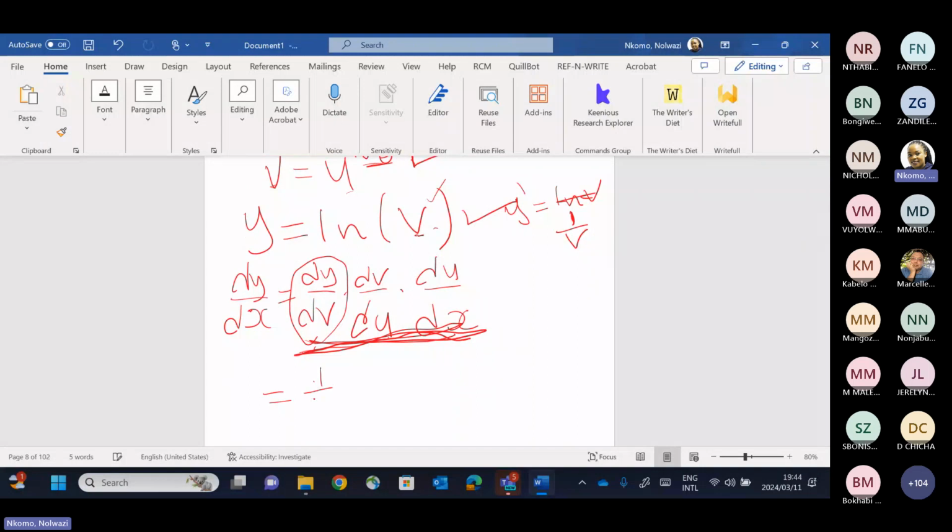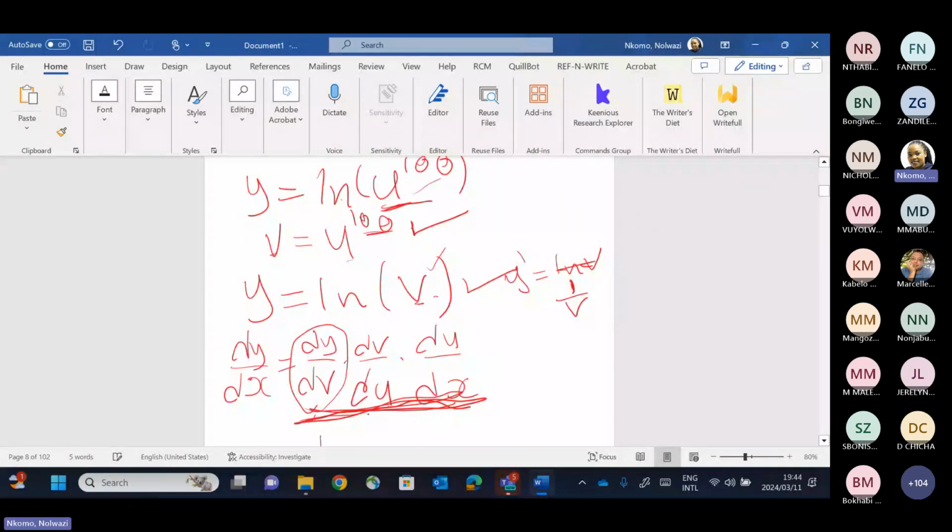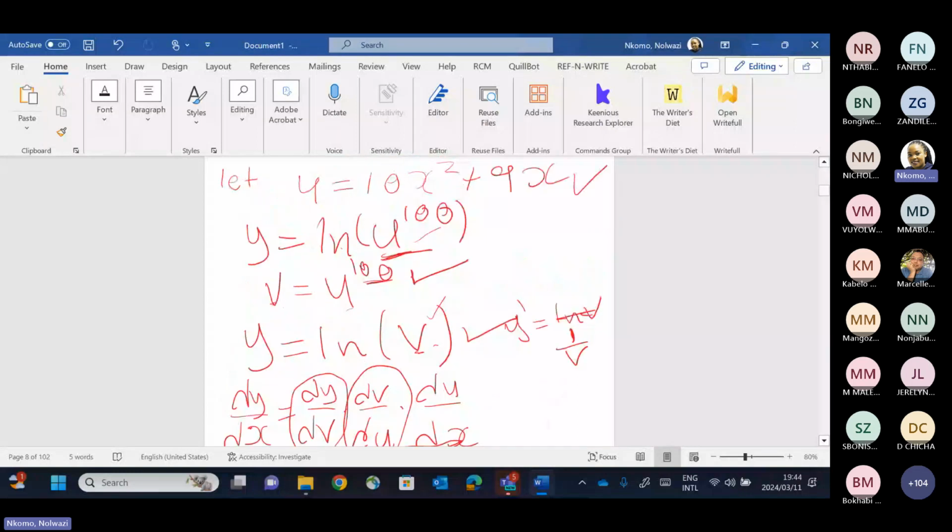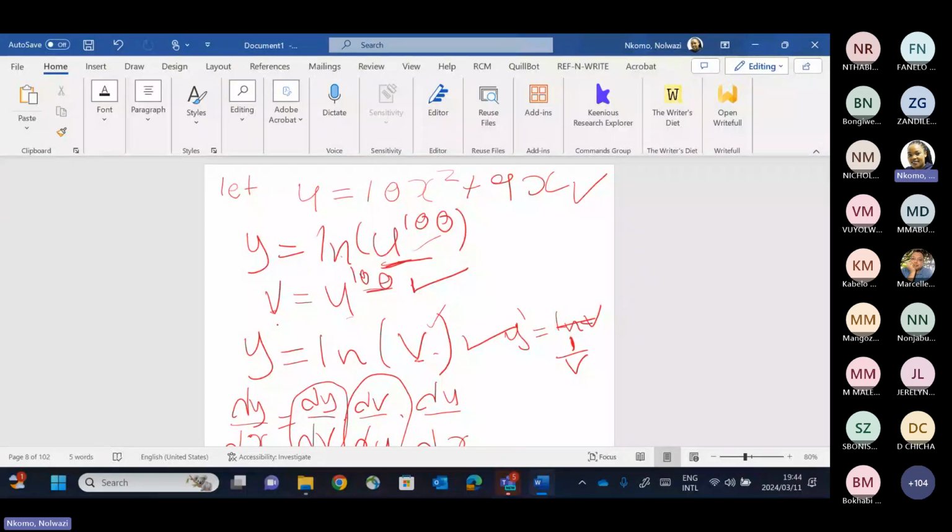Then you want to find dv over du. If you differentiate this, you'll have 100 u to the power 99, right?